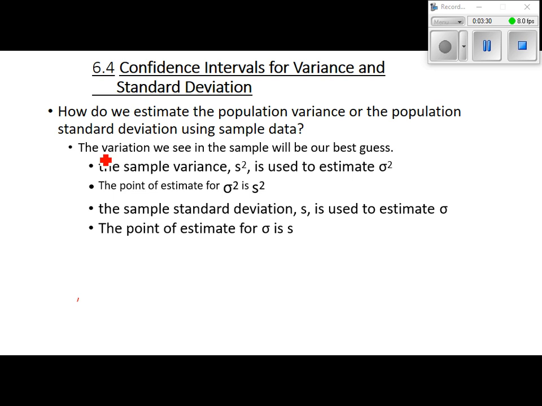Remember, the sample variance is s squared, and we use that as our point estimate for sigma squared, the variance of the population. And then the sample standard deviation is s, and we use that as our point estimate for the standard deviation of the population, the sigma. I think I said chi a second ago, I meant sigma squared.